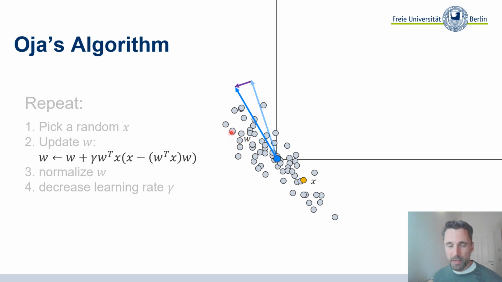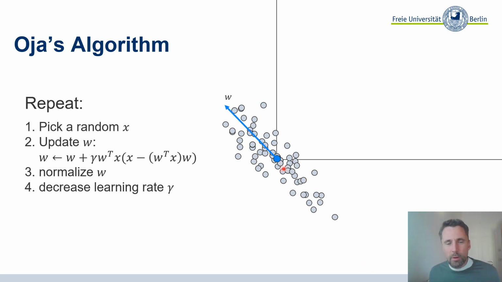Each of these data points really drags W into the correct direction. Those data points that are in the positive half space, where W transpose x is positive, will attract W, and those in the negative half space will repel it. In the end, this leads to a good representation of this principal axis. Let's assume we have converged here.